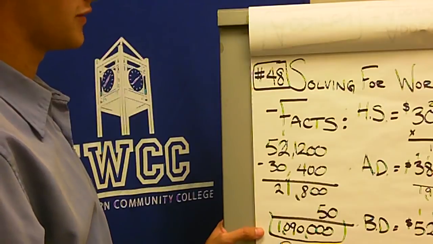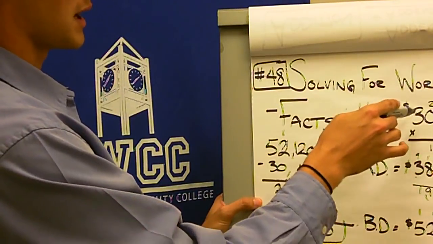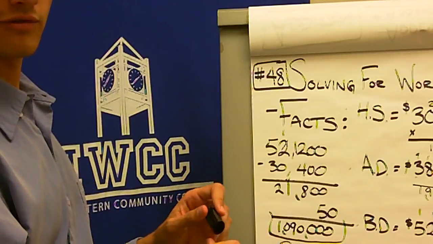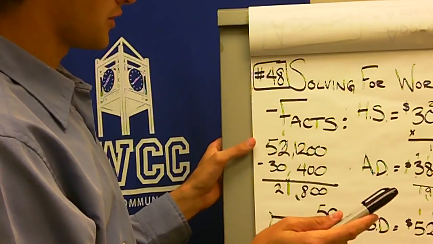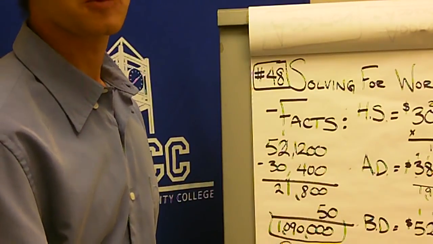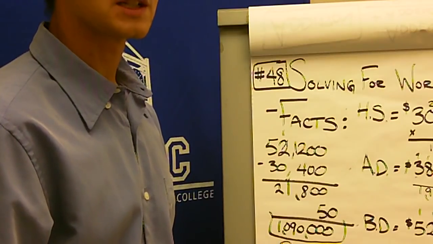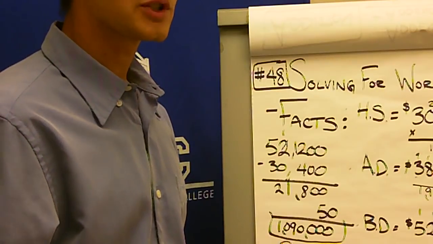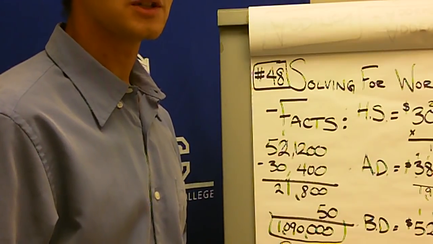And I bet if you work it out, 38,200 minus 30,400 times 50 will come up to 390,000. Why don't you check that one? Otherwise, you've got question 48 figured out. So, thanks for checking out Chapter 1, and I look forward to explaining Chapter 2 to you. Thanks.